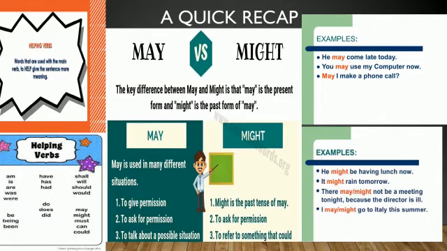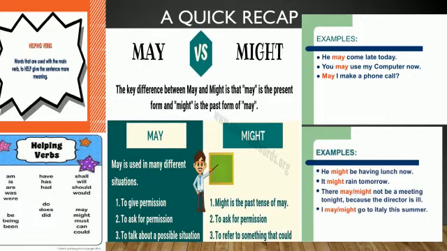We also learned a few of the helping verbs, which are am, is, are, was, were, has, have, had, shall, will, should, would, be, been, do, does, did, may, might, must, can, could. These are a few helping verbs. We also learned the difference between may and might.